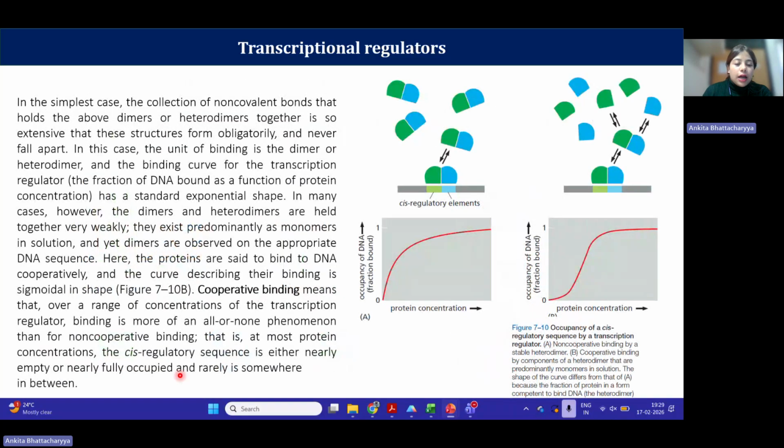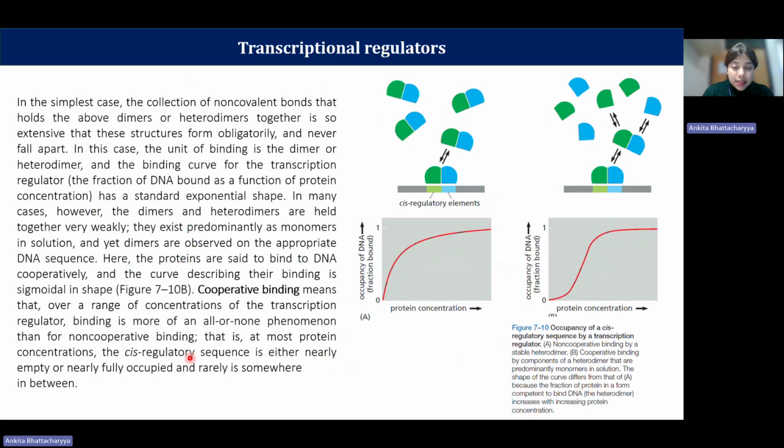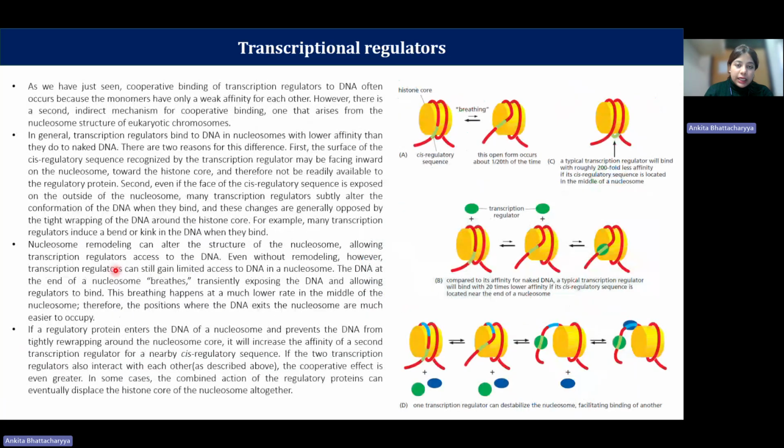And then we talked about the ways in which this binding can occur. Either it can be direct binding or it can be cooperative in nature, which basically means the more protein available for binding, the more DNA occupancy is observed, and you see this sigmoidal plot, which represents cooperative binding.